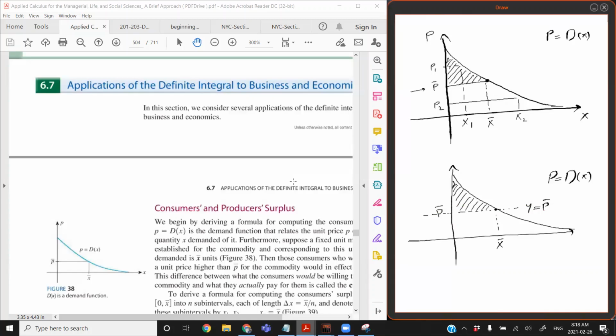You can see that within this range, D of x is greater than p bar. So that area would be the integral from 0 to x bar of the function that's on top, which is D of x, minus the function that's at the bottom, which is p bar, dx. That's actually the formula for consumer surplus.